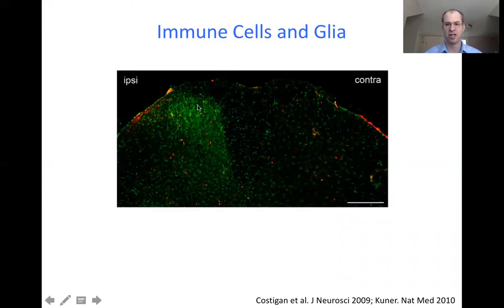And that activation or that migration of immune cells into the dorsal spinal cord serves further to rev up the second order neurons and increase pain signaling.